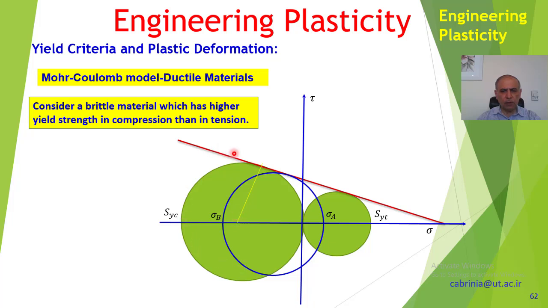Because this is tangent, if I draw a radius here, it will be perpendicular to this tangent. Similarly, I could draw lines for the blue circle, which is the loading case, and that will be perpendicular, and also for this smaller circle that would be perpendicular too.